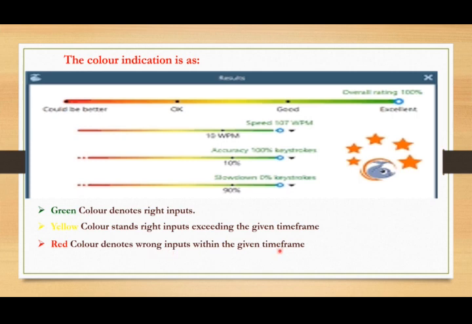That is, it was completed within the given time, but accuracy was not there; we made some mistakes. The next color is orange, indicating wrong input that also exceeds the given time frame. It is the worst result, as we typed incorrectly and the allotted time was also exceeded.